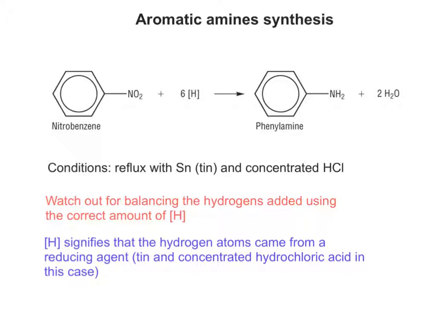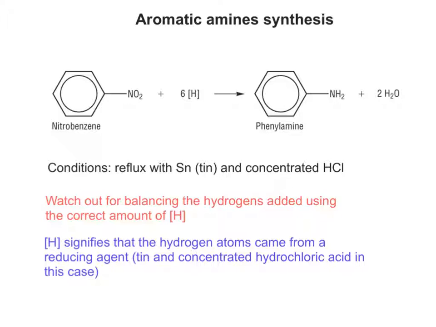So for making aromatic amines, this time the NH2 group is substituted directly onto the benzene ring. We use a different set of reaction conditions. We need concentrated hydrochloric acid and tin as our reducing agent, because the addition of hydrogen is obviously the same as reduction, just like the addition of oxygen is the same as oxidation.